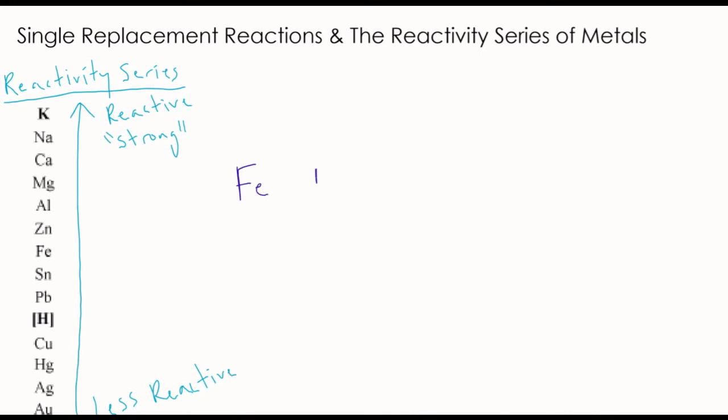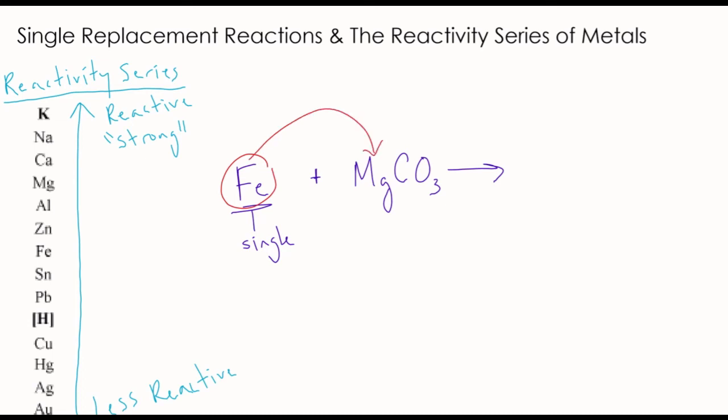Okay, so we have iron reacting with some magnesium carbonate. Okay, so iron's by itself, and it's attacking magnesium. Remember, whatever is alone is what's doing the attacking, right? He's lonely, he wants to attack. So we have iron and magnesium.